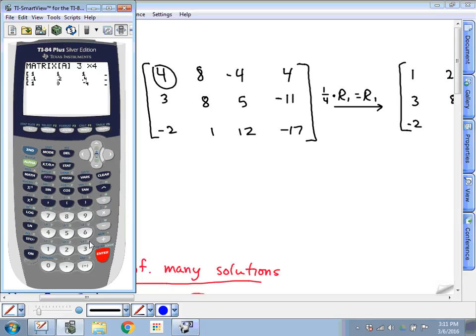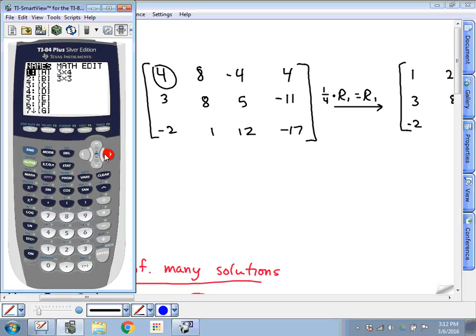So matrix A is a 3 by 4. I need to type in the entries here. So I've typed in the entries into matrix A.